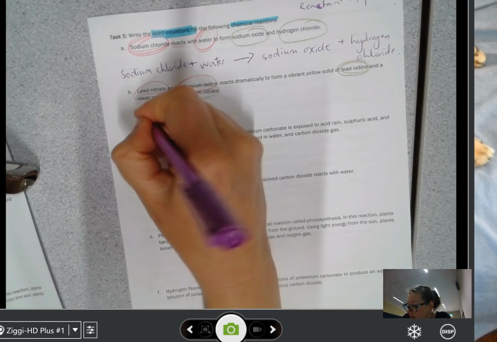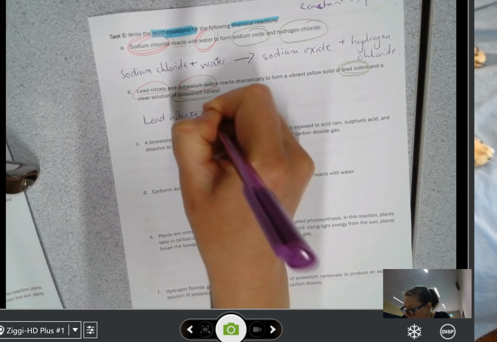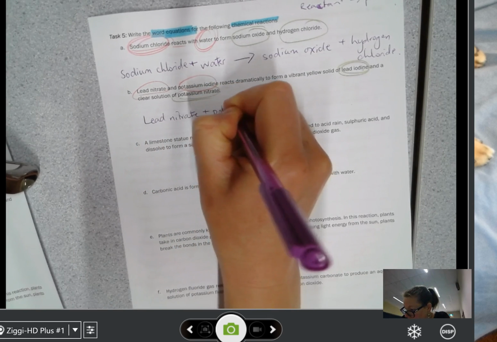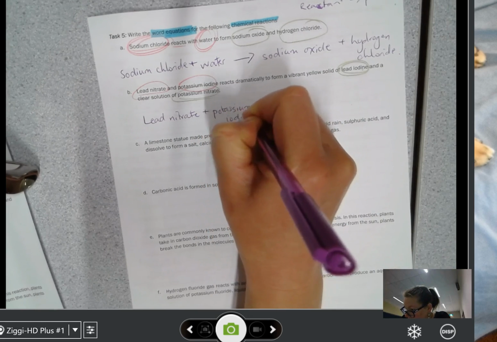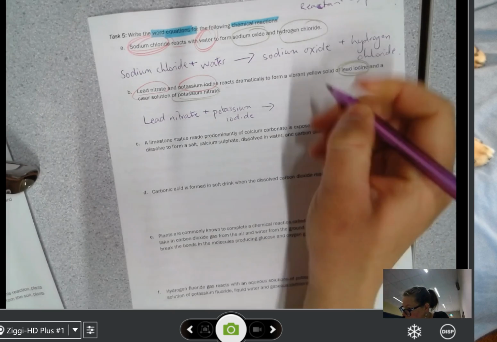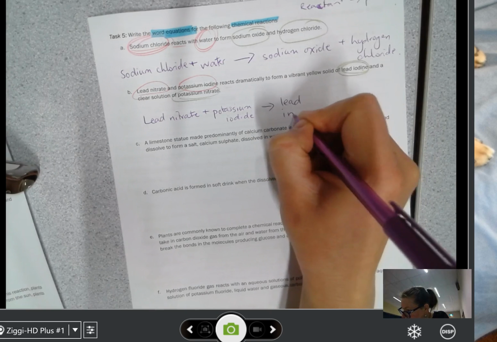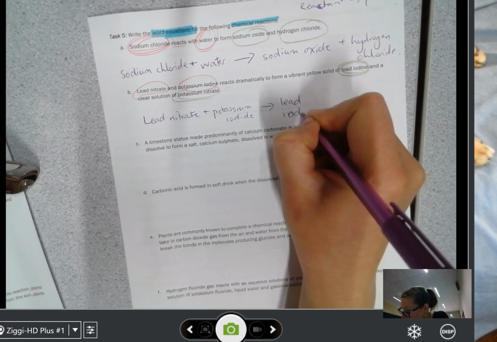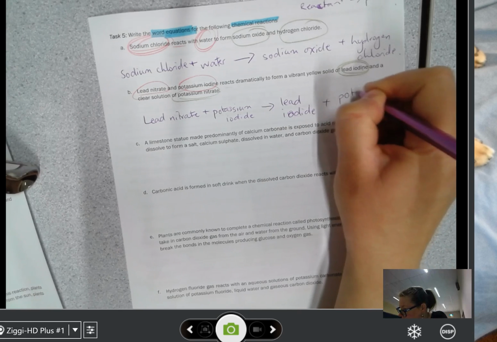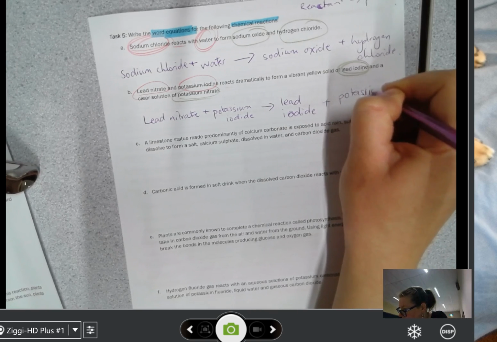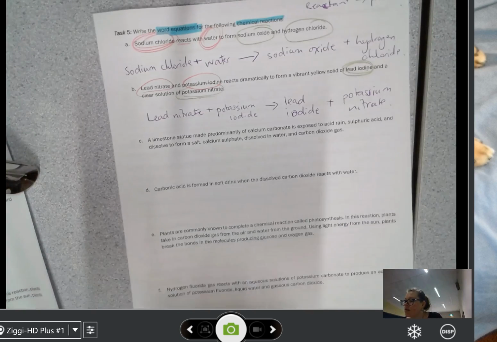So we go lead nitrate plus potassium iodide react to make lead iodide and potassium nitrate, and you just keep following through on that one.